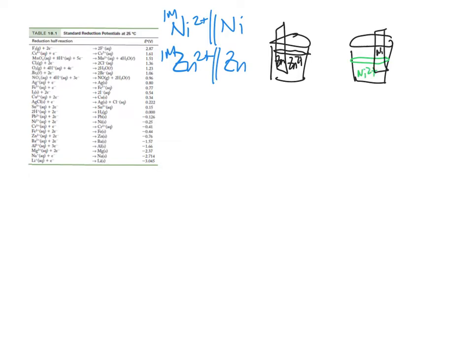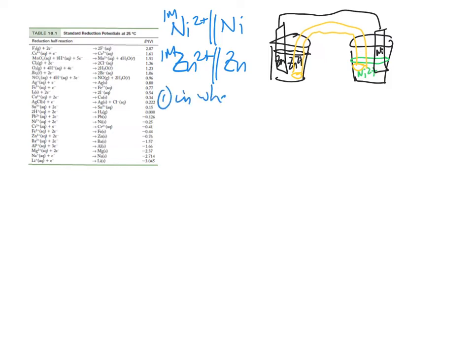So there's nickel, and we would connect them with a wire. We'd add our salt bridge. Let's imagine somehow that the salt bridge is yellow. And off the reaction would go. But the question is, in what direction would it be going? What is the reaction, and how powerful is this reaction? So those are 3 questions that are worth spending a little bit of time on.